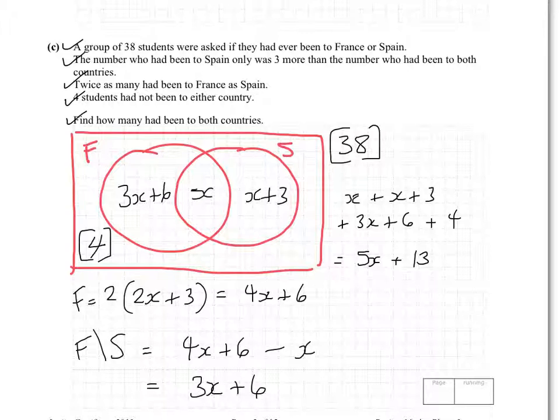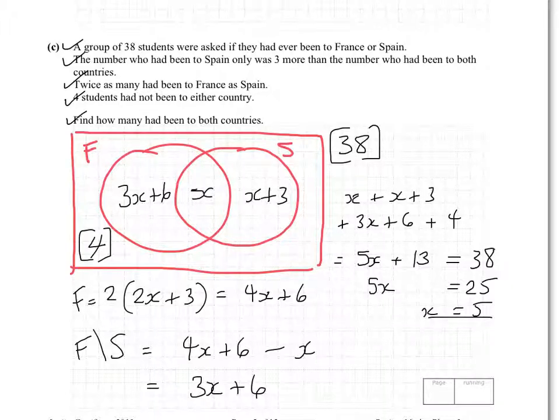Now all of that must be equal to the 38. So if we say that statement is equal to 38, take away 13 from both sides, and for 25, divide by 5, we get value of x is 5.